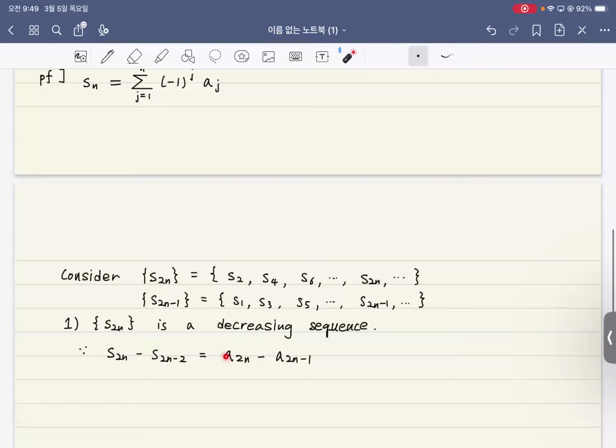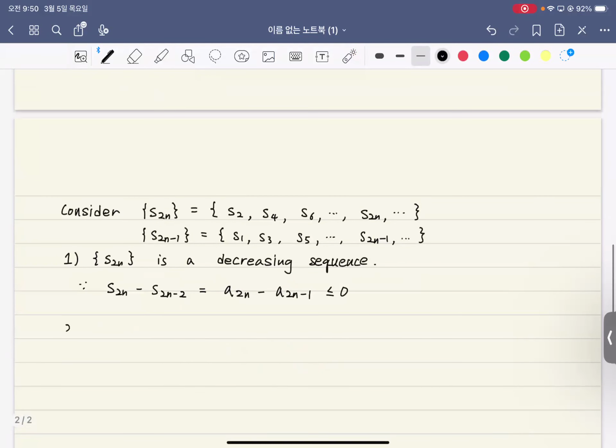Therefore, if you take the difference between these two, then this one should be greater than or equal to this one, so this is a non-positive number. The second claim: this subsequence is bounded below.